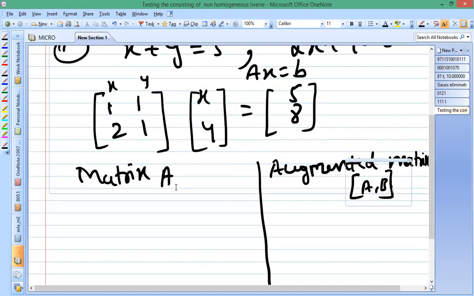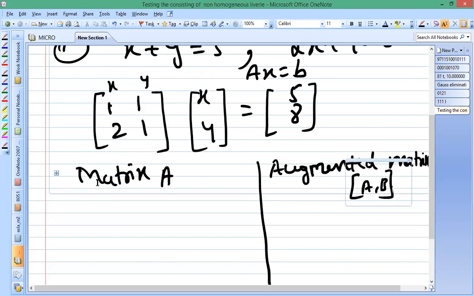We'll find the rank of matrix A as well as the rank of matrix A comma B, and you should get the rank of both matrices as the same. If they are unequal, then the given equations are inconsistent.